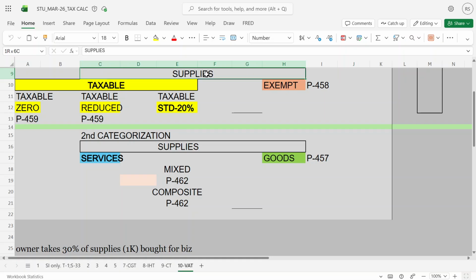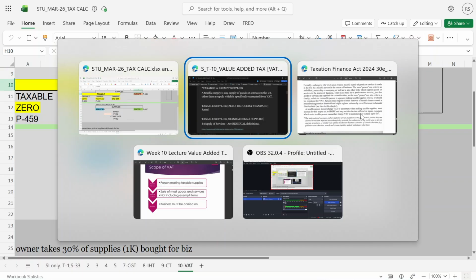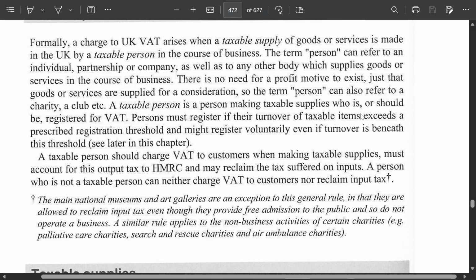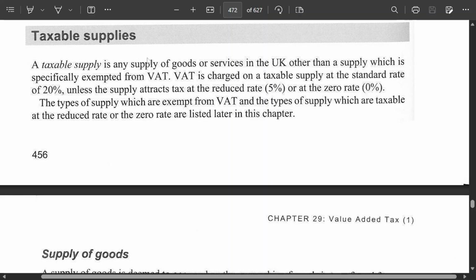We talk about any supply of goods and services, and if it's not exempt, so there is a list of exempt supplies. So what is a taxable supply? The taxable supply is any supply that is not exempt, like you'll see here. A taxable supply is any supply other than that which is specifically exempted for VAT.